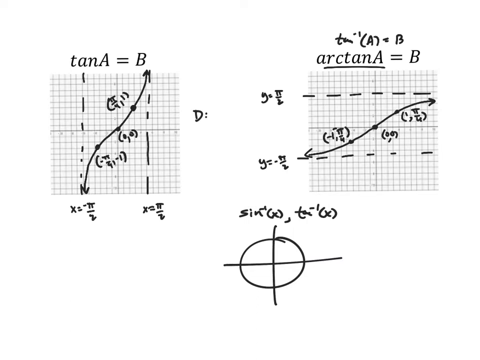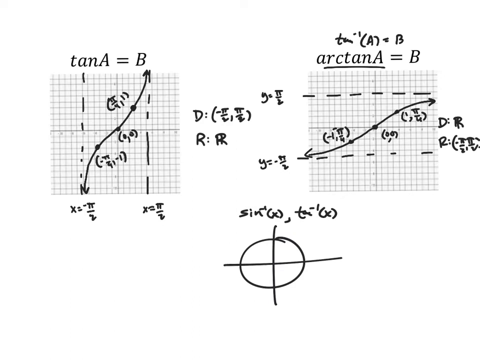But if I look at it simply on this restricted space, we would go from -pi/2 to pi/2. Okay, and its range is all real numbers. So as I look at inverse tangent, its domain actually is all real numbers, and its range is negative pi over 2 to pi over 2.